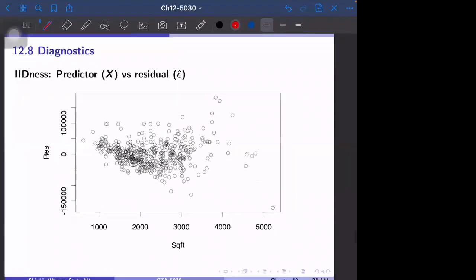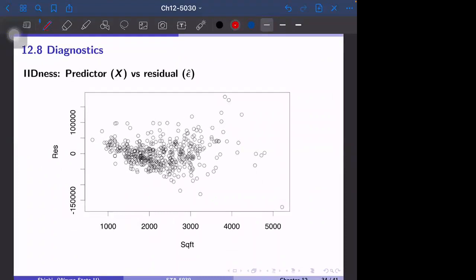I introduced several residual plots, and I will introduce the R code for these later. Actually, these are almost automatic. So here is a simple plot. At first, this is the residual versus the predictor.